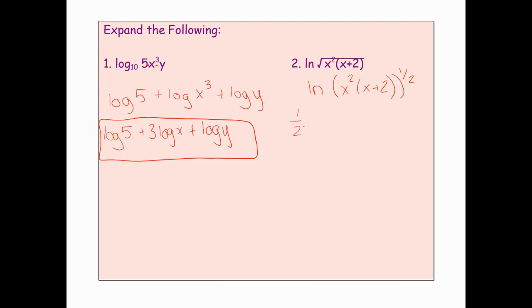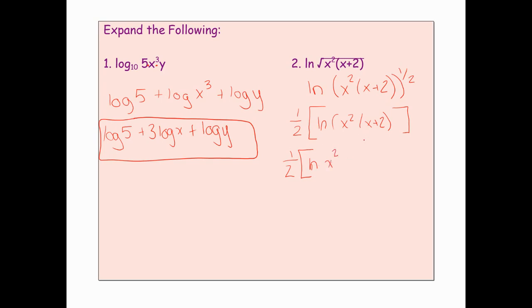So 1/2 times this whole thing, natural log, you know how I love my parentheses, x squared times x plus 2. And now we're going to expand this natural log. So I have 1/2 times the natural log of x squared.